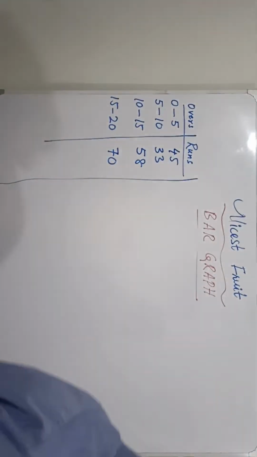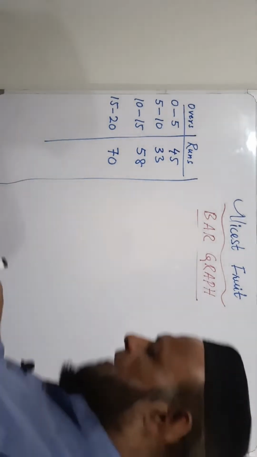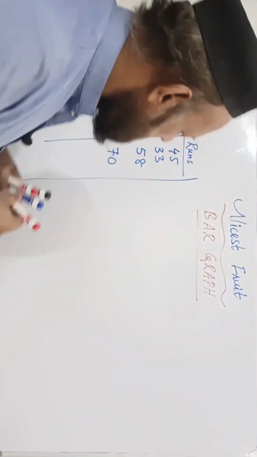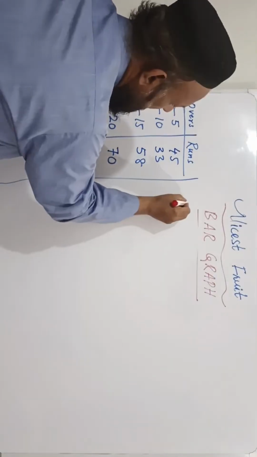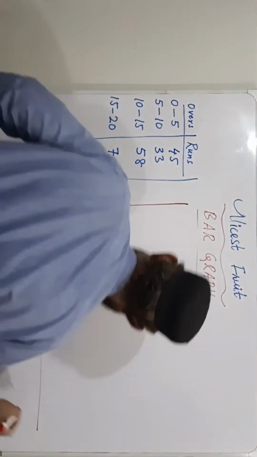If you have to represent such data, it's better to represent it by means of a bar graph. How can we make a bar graph for it? Select the axes. I took 2 axes.